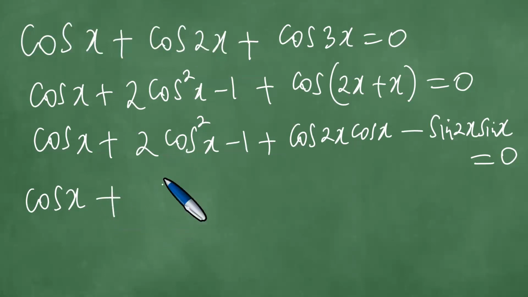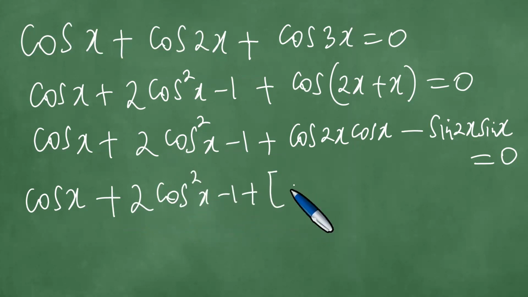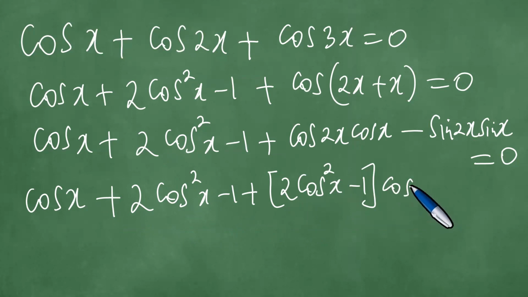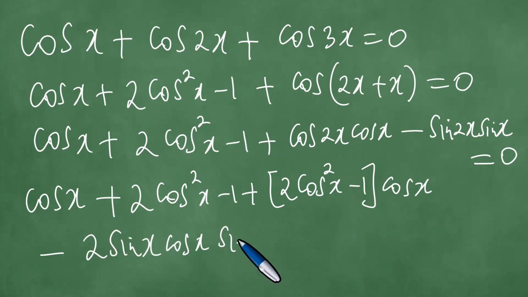So we have cosine x here, plus 2 cosine squared x minus 1, plus cosine 2x, which is 2 cosine squared x minus 1, times cosine x, minus, now sine 2x is 2 sine x cosine x, times sine x, and the result is 0. And looking at this with much caution, we proceed as follows.